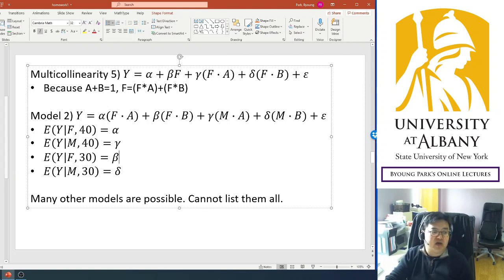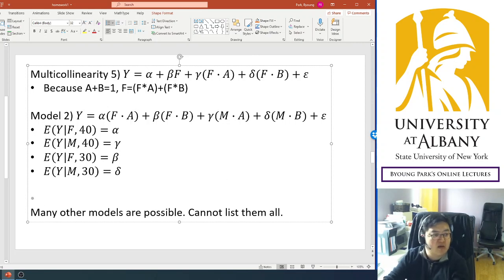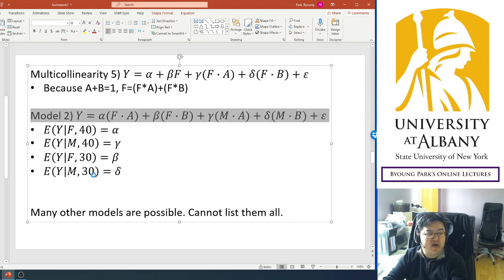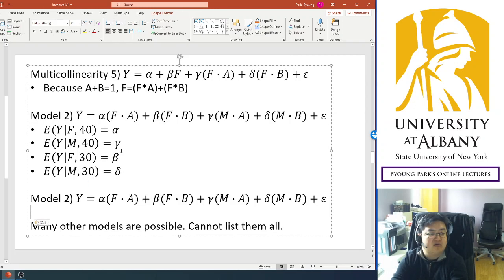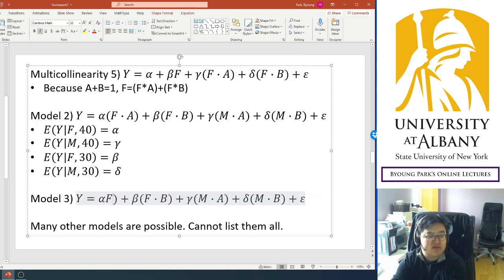So for example, something came to my mind. Another model can be something like alpha without intercept. You can think about this.